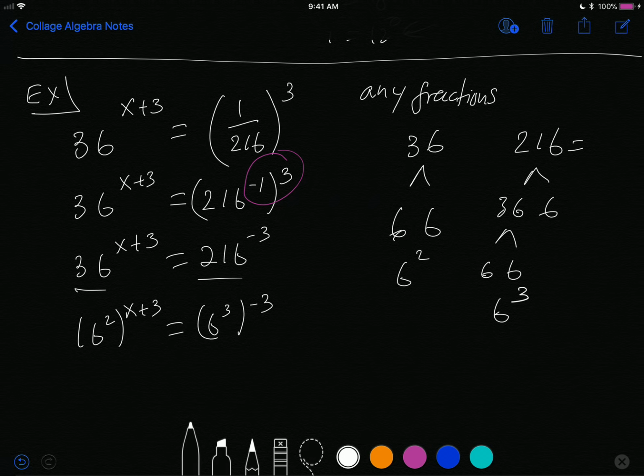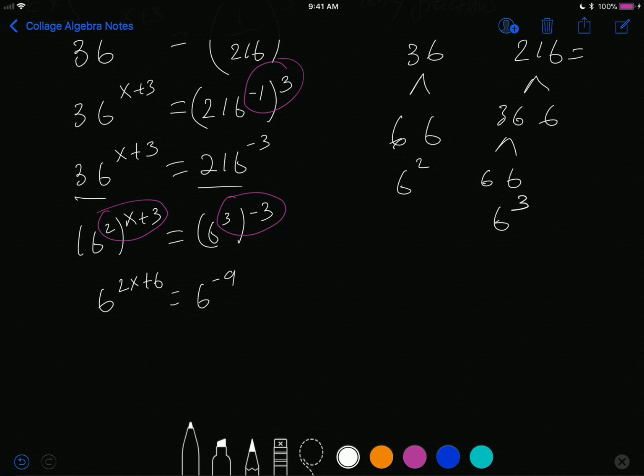And now I have the same base. When I have a power to a power, I must multiply. I know that's what you all said. So that's 6 to the 2x plus 6. Be careful. Distribute that 2. And then that's 6 to the negative 9th power. So now the bases are the same.